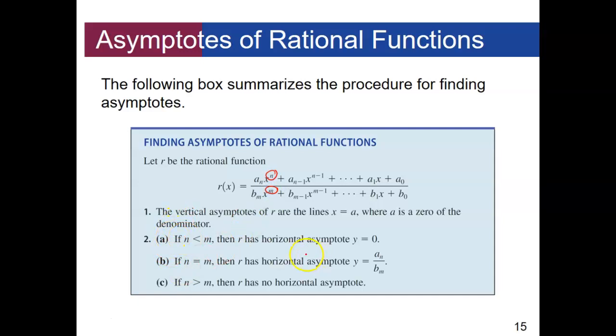So in finding our horizontal asymptote, if the degree of the numerator is less than the degree of the denominator, then our horizontal asymptote is always going to be y equals 0. If the two of these degrees equal each other, then it's the ratio of their leading coefficients. And if the degree of the numerator is larger than the denominator, we have no horizontal asymptote.